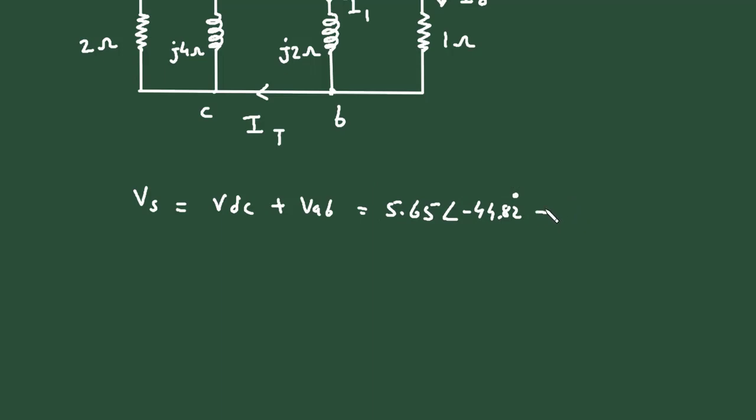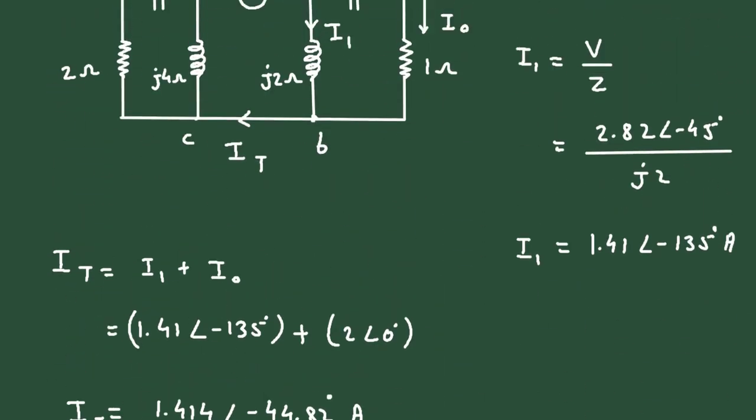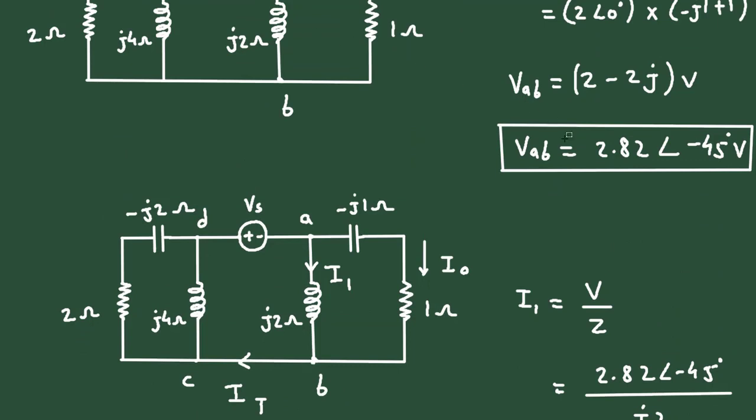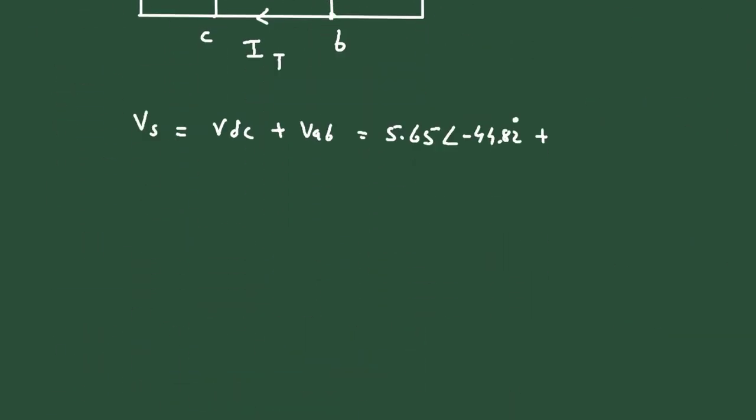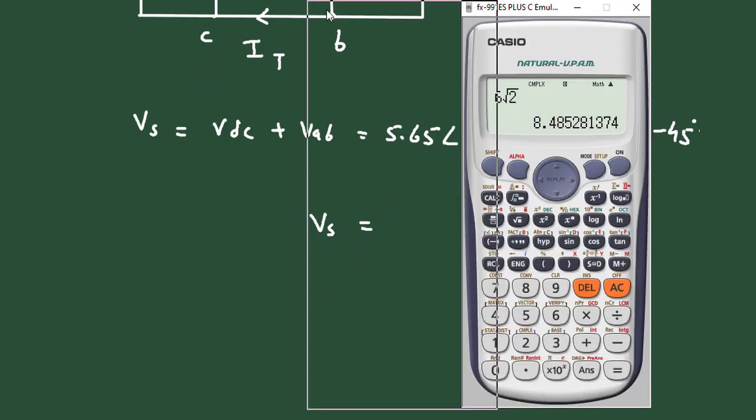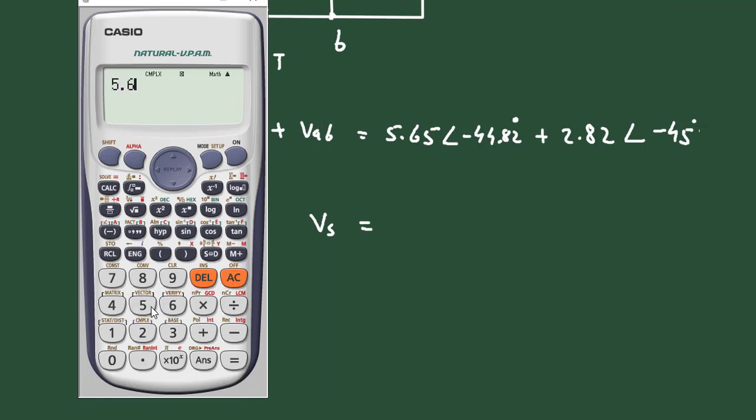Then plus the value of VAB is this much, 2.82 at an angle minus 45.